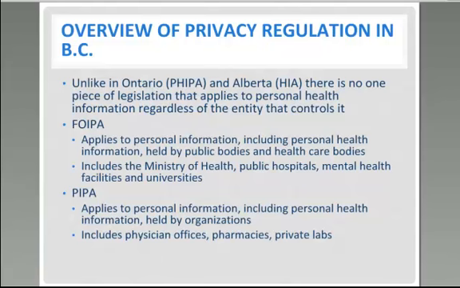So, as an example, the healthcare bodies that fall under this act include the Ministry of Health, public hospitals, mental health facilities, and universities. So those are some of the healthcare bodies from which you may want to access data for a research project.